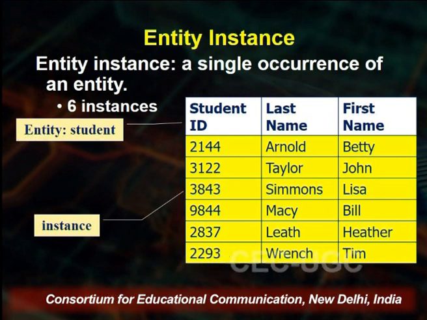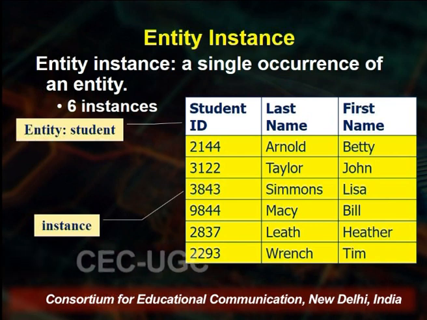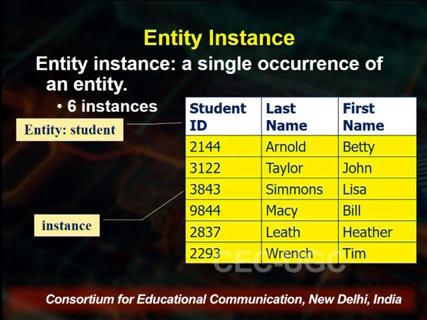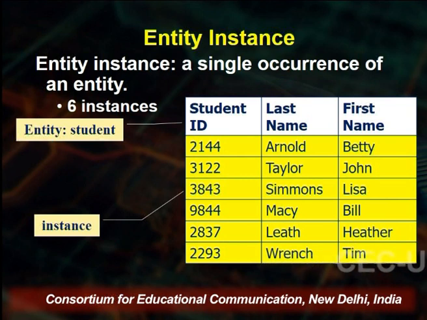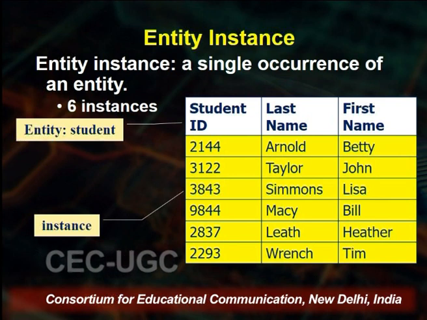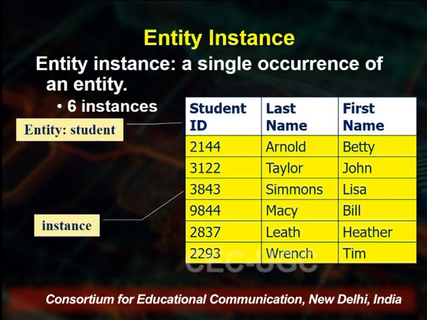For example, here you can see we have student ID, last name, and first name. So this entity student has three attributes: the first attribute is student ID, the second is last name, and the third is first name.